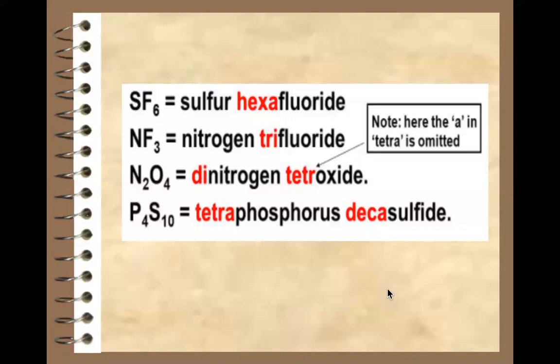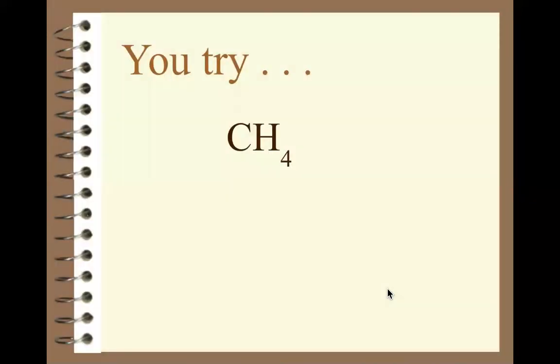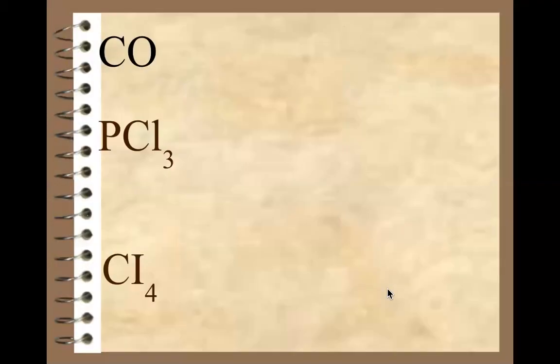This is so easy, right? When compared to ionic compounds. I know you would say that. Now you try. So what is the answer? That is carbon tetrahydride. Okay, now you try for these 3. Pause the video and write it on your paper.